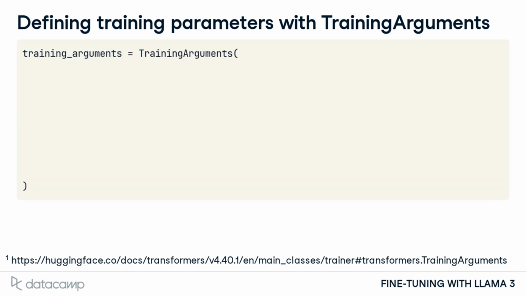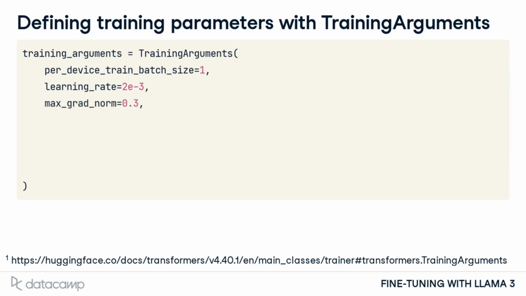Key parameters include batch size per GPU, per device train batch size, which controls how many samples to predict on before updating model weights based on the error of those predictions, and learning rate. Max grad norm limits gradient values during training to mitigate extreme outlier losses, smoothing learning.